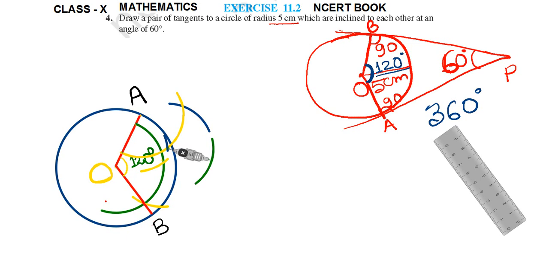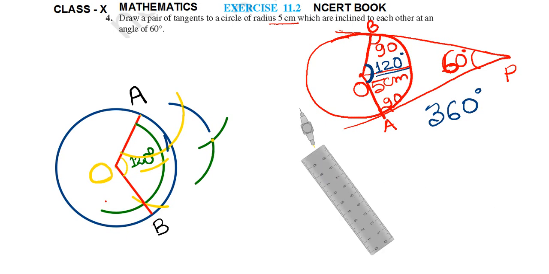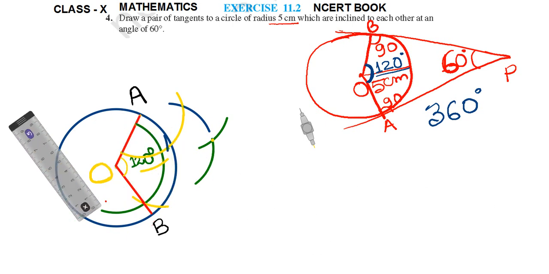Now put the tip at this point, again draw an arc. You see it intersects at this point. Now join this point to A, using a scale.